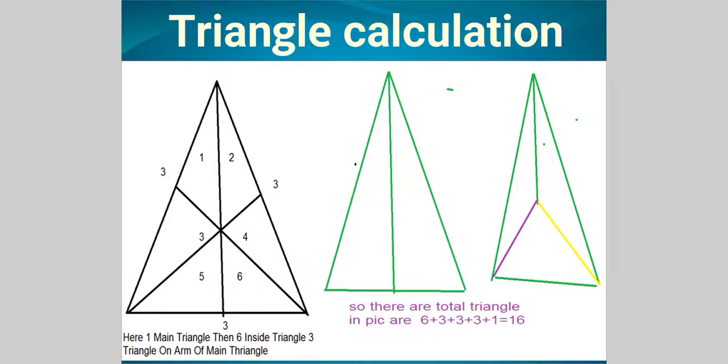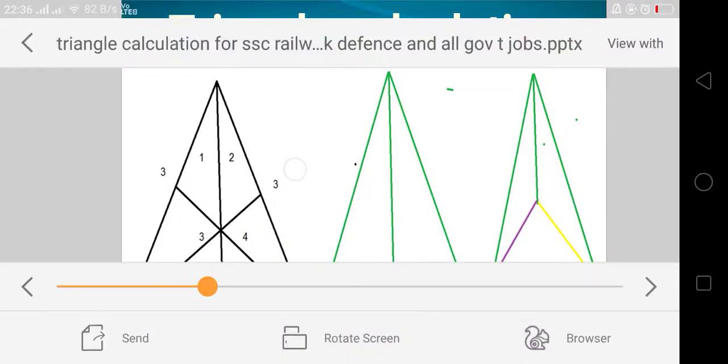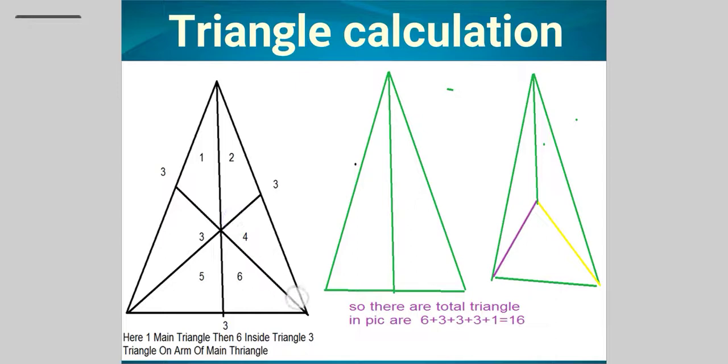Here is a complicated figure, but I have solved it without wasting your time. Within 10 seconds you can solve it. We can find 1, 2, 3, 4, 5, 6 triangles. But over this line we can check other triangles: 1 triangle, 2 triangle, 3 triangle.